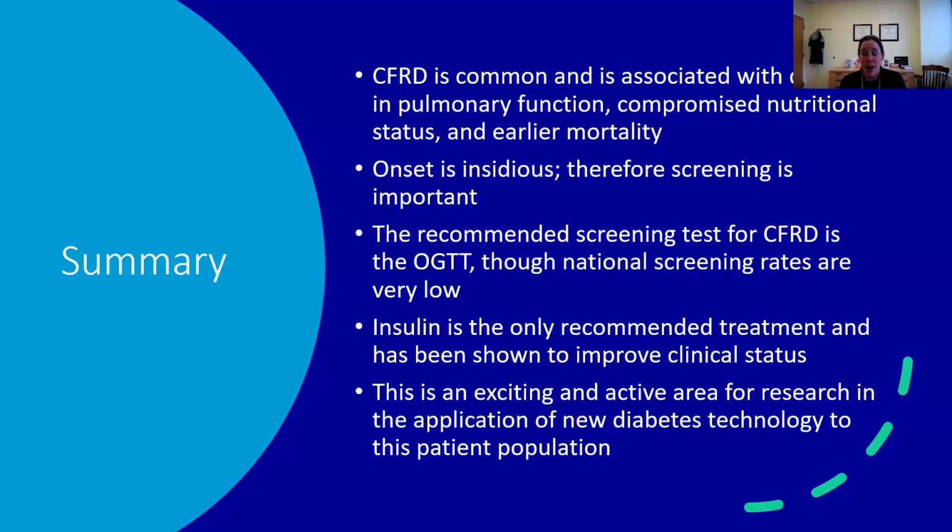So I hope I've convinced you over the past hour that CFRD is common, affects up to 20% of adolescents, 30 to 50% of adults, and it's associated with important CF-specific clinical outcomes, including pulmonary function decline, compromised nutritional status, and earlier mortality.